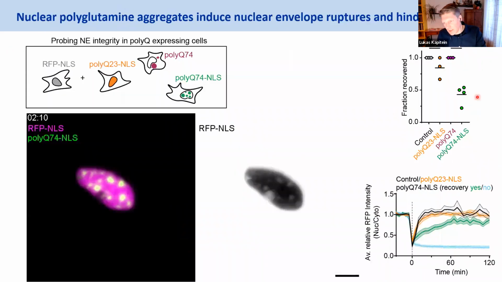In normal, wild-type cells, all the ruptures are repaired. But when we have the aggregates in the nucleus, we see that in half of the cells, the nucleus is not repaired, and that in the cells that can repair the nucleus, this repair is actually much slower. So the recovery of the RFP-NLS into the nucleus is much slower.